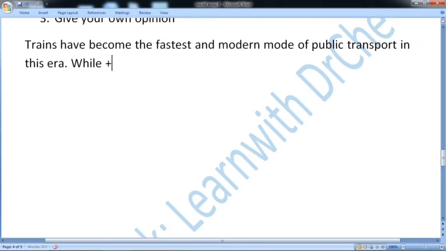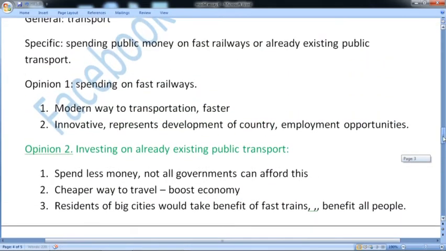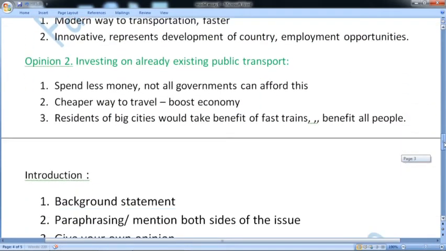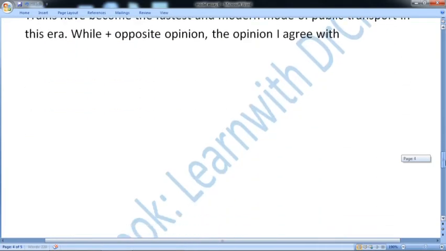While plus opposite opinion, comma, the opinion I agree with plus my opinion also. So in this case, opposite opinion is the first one, spending on fast railways, and my opinion is investing on existing transport.